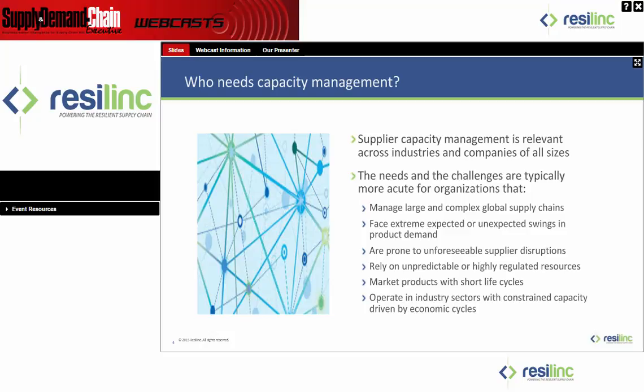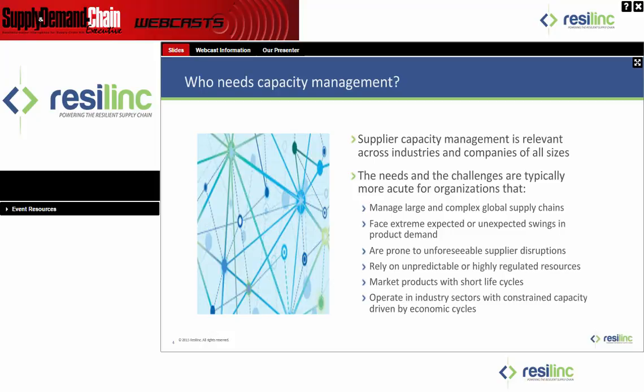So let's take an example. During the Great Recession, the automotive industry saw a prolonged drop in demand. When that happened, they obviously cut back on what they were purchasing from their suppliers. And because this was a prolonged downturn, the suppliers made changes.